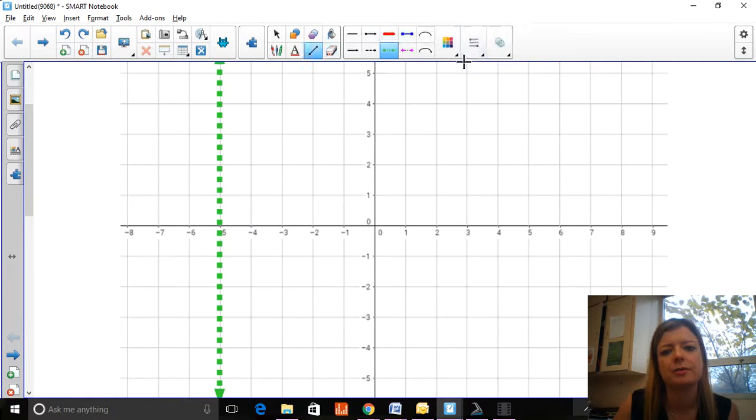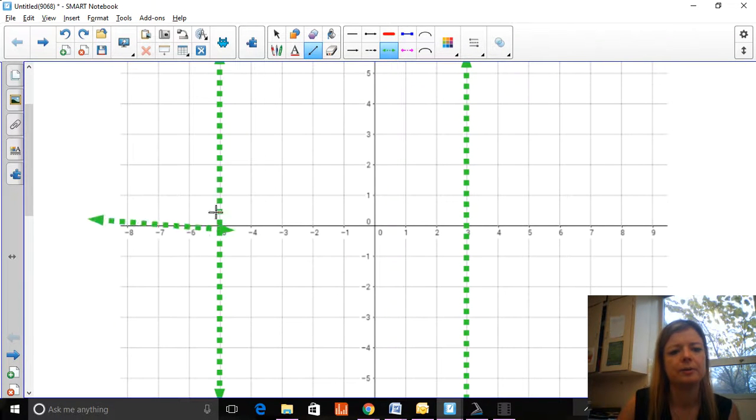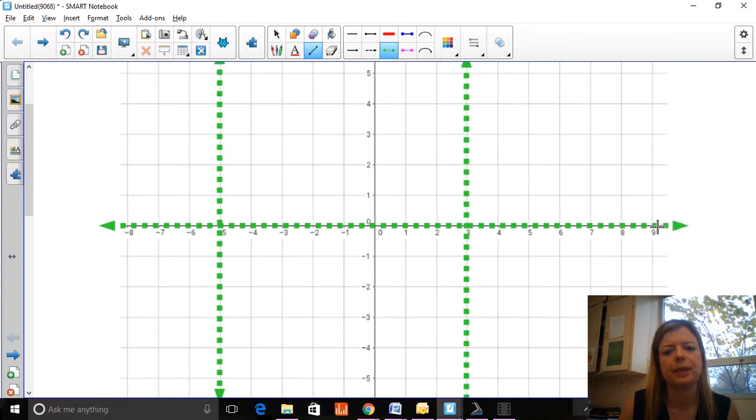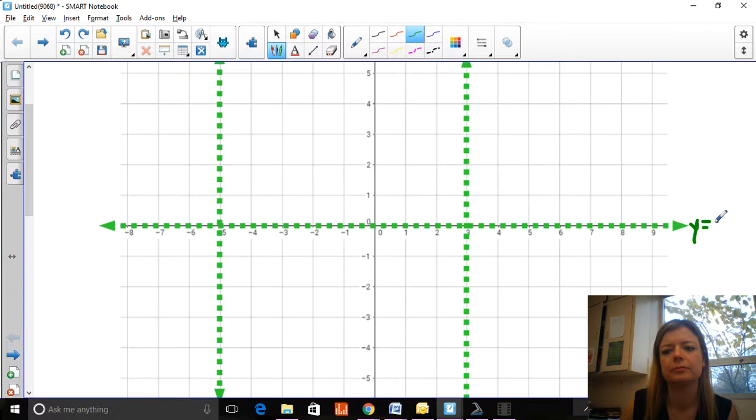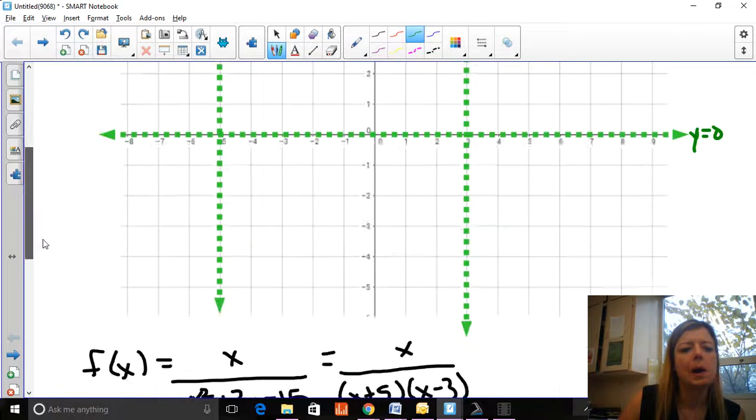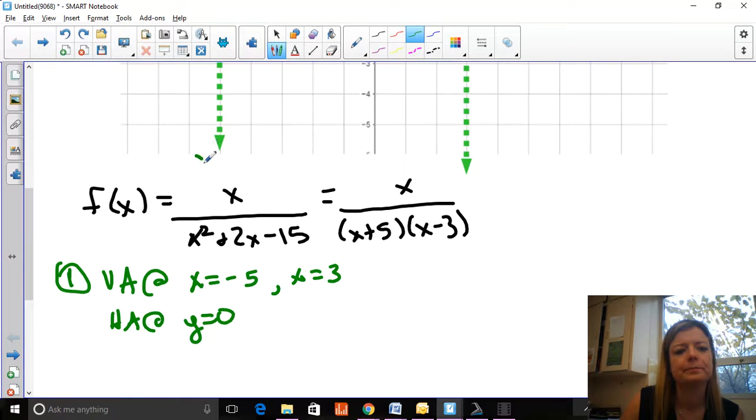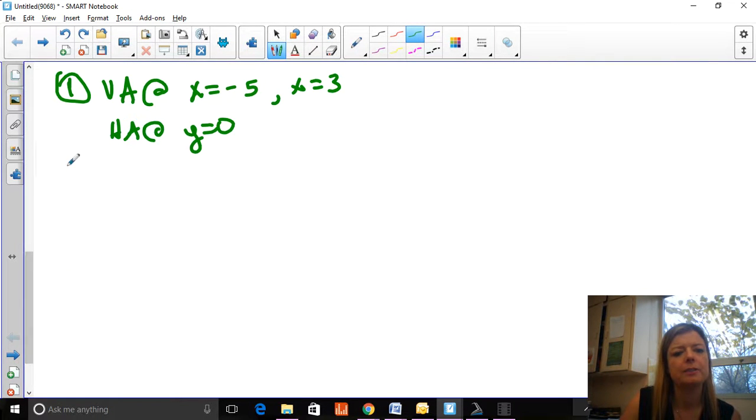Hopefully you guys caught that mistake before you drew your asymptote there. x equals 3 and y equals 0. Okay, so when you label everything, all right. Okay, so that's step 1.